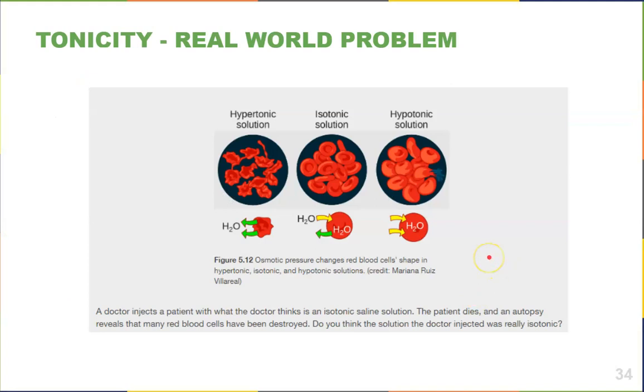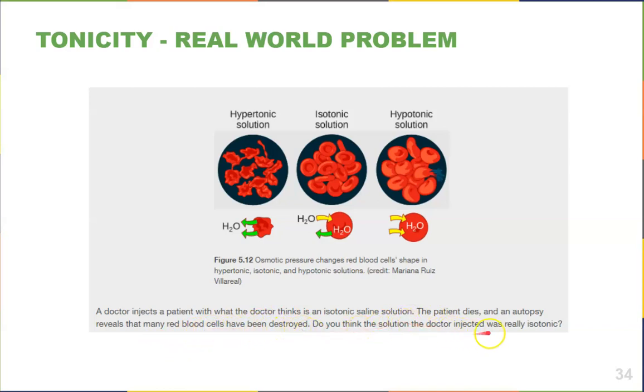Here's a real-world problem. A doctor injects a patient with what the doctor thinks is an isotonic solution, so they think they're injecting a solution that is equal to the solution that's already inside the body. The patient ends up dying, and the autopsy reveals that many red blood cells have been destroyed.